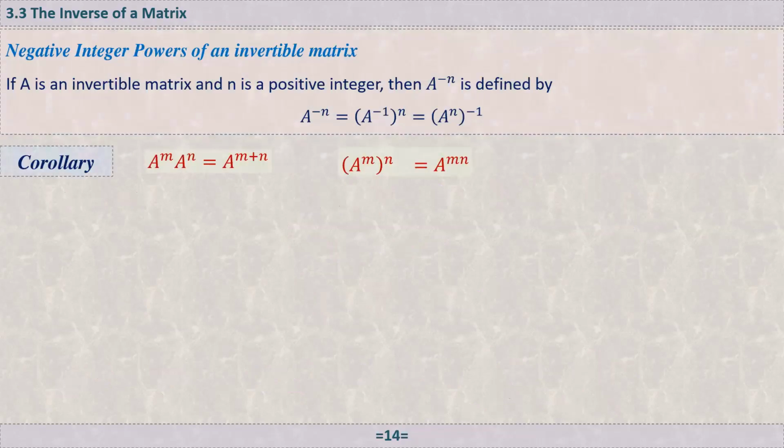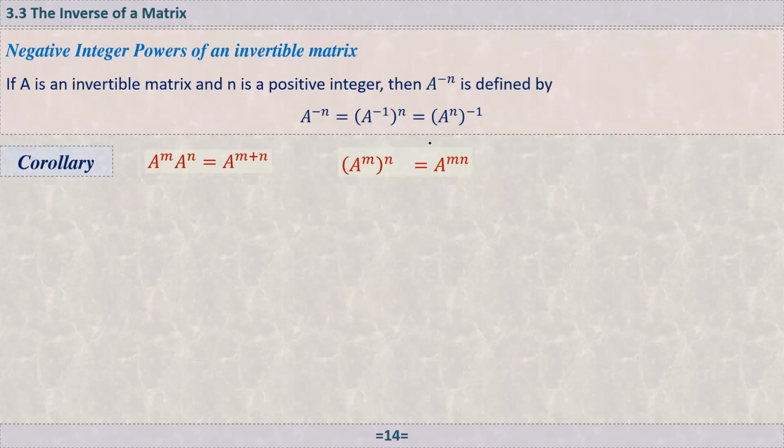So in this way now, we can introduce the negative power. When we write A to the power minus n, what do we mean by this? We mean A inverse is raised to the power of n, or that is the same thing as first raising matrix A to the power of n, and after that raising to the power of negative 1.